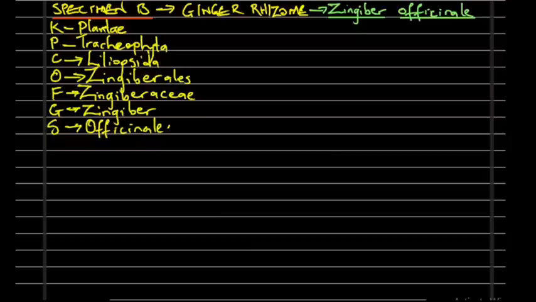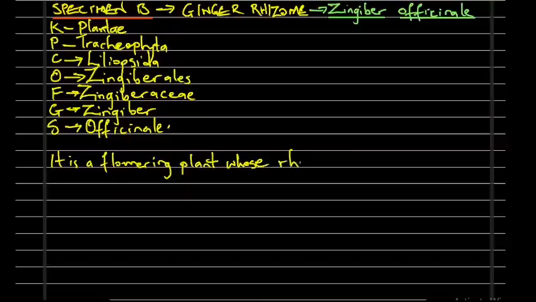We said it is a flowering plant whose rhizome, that is the ginger, is widely used as a spice. Yes, it is a flowering plant whose rhizome, or that is the ginger itself, is widely used as a spice.